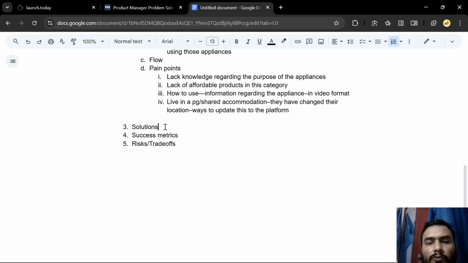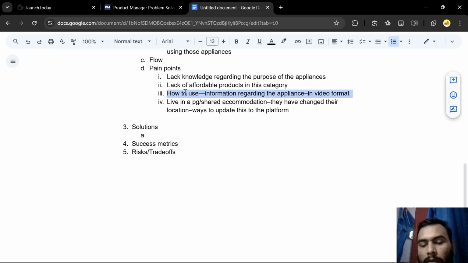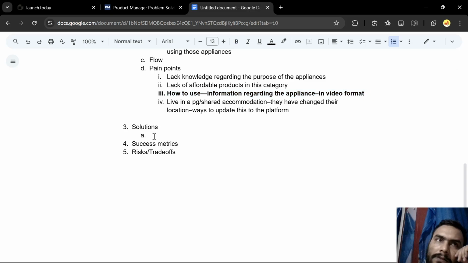Now moving on to the solutions, but let's pick one of the critical pain points that we could solve at the highest level. Although this has to be confirmed through testing, talking to the exact users who have been returning products, and doing a survey to find out the core reasons why they are returning.